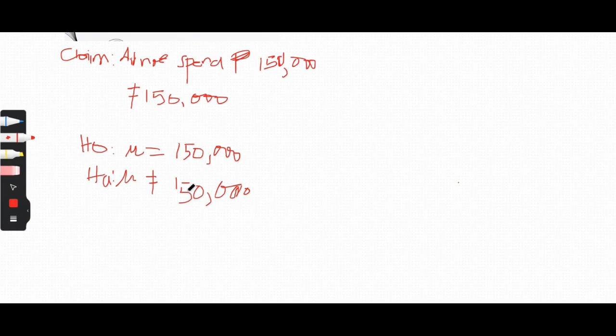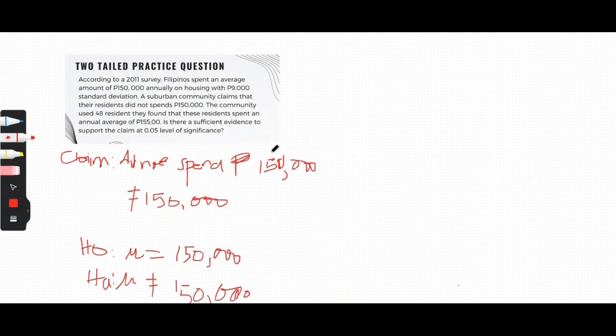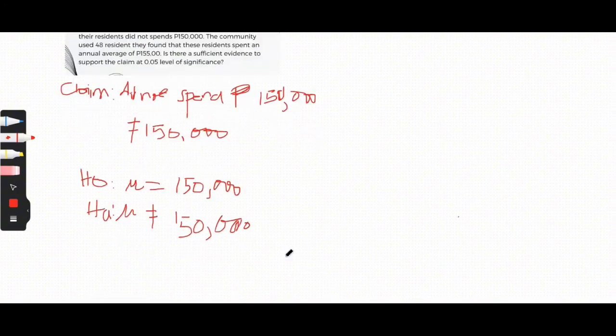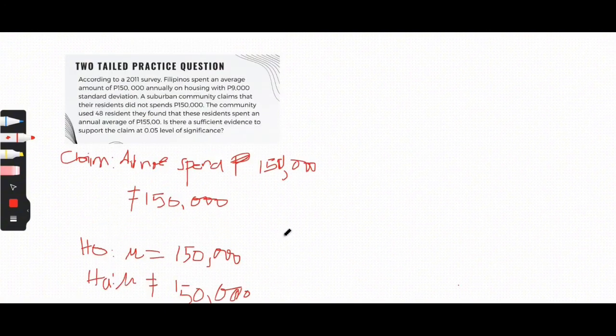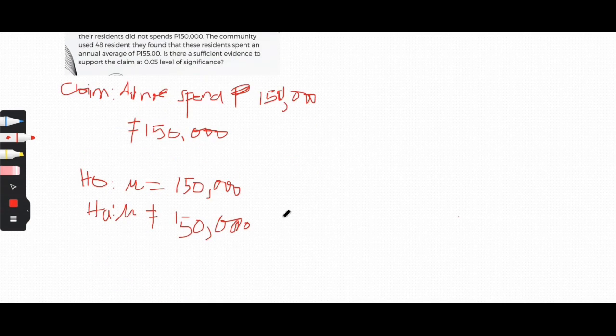Our hypothesis is constructed. Step 2 is determining the alpha level or the significance level, which is stated here as 0.05. And the test we will be using, because it is 48 residents, which is greater than 30, is a z-test.